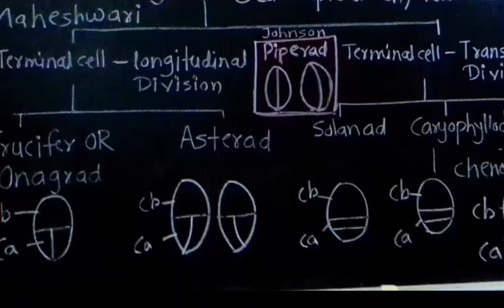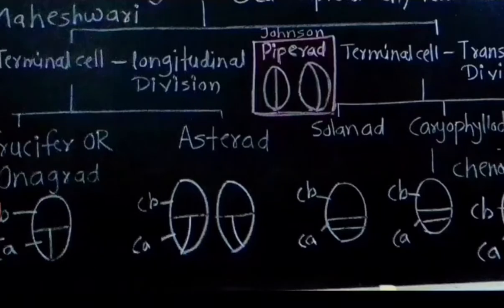This type of embryo is seen in members of families like Onagraceae, Brassicaceae, Euphorbiaceae, etc. Then there is the asterad type, found in the families Asteraceae, Polygonaceae, Urticaceae, etc. Again you observe the CA, and in this CA the longitudinal division is somewhat oblique.